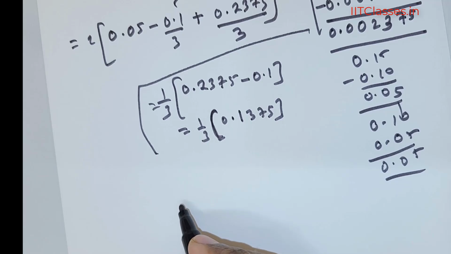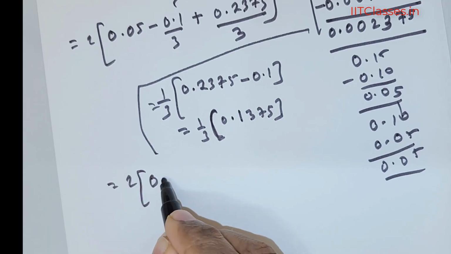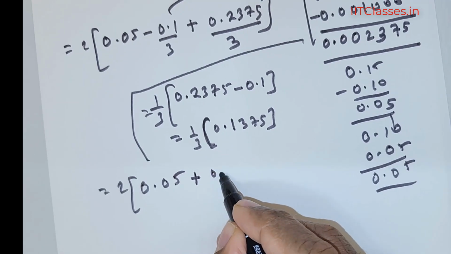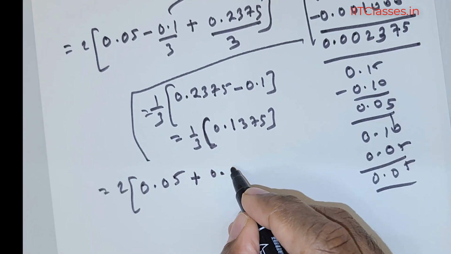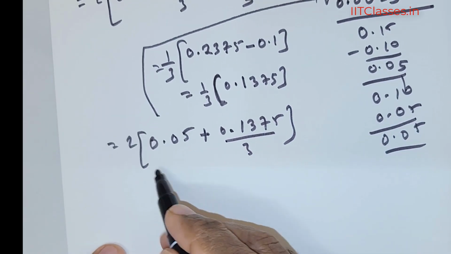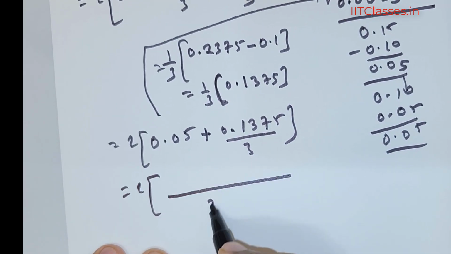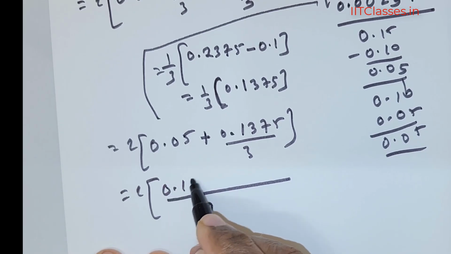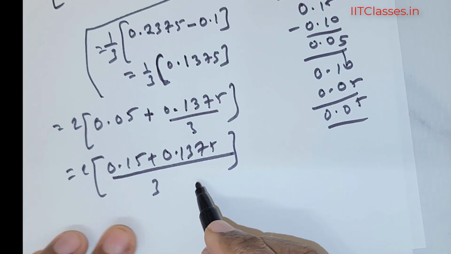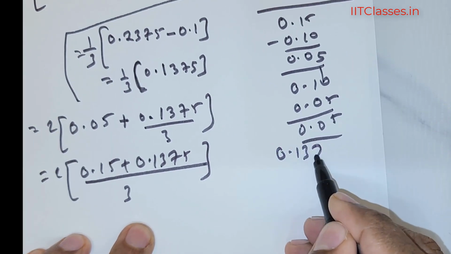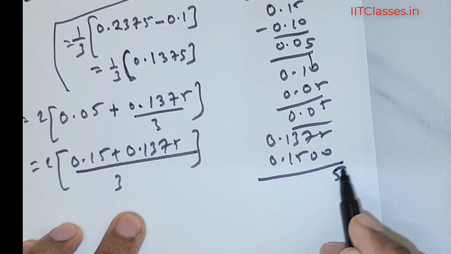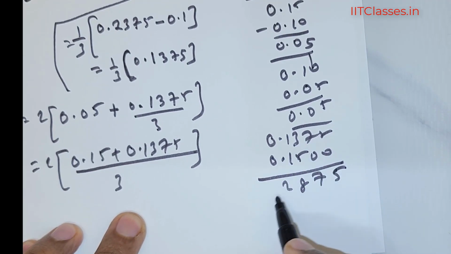So it's going to be 2 times of 0.05 positive 0.1375 divided by 3. You take the LCM as 3, you get 0.15 positive 0.1375. You add these two together, 0.1375 and 0.1500.